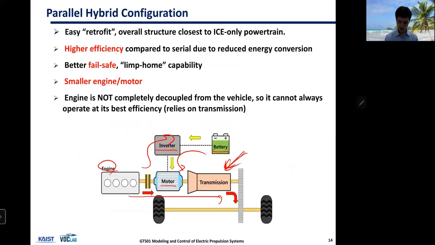But usually mechanical connection is 97, 98% efficient. Of course, there's transmission loss, so it's not 97 or 98. It's lower than that.